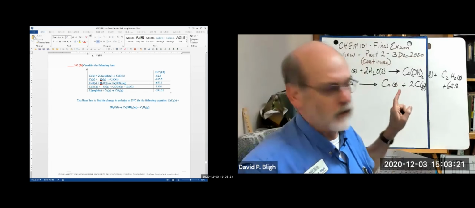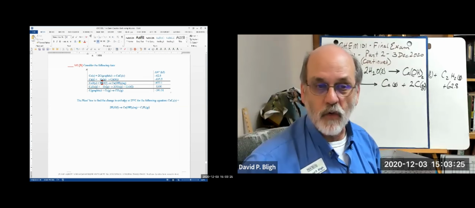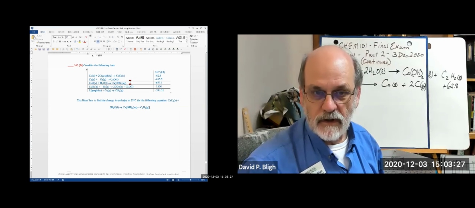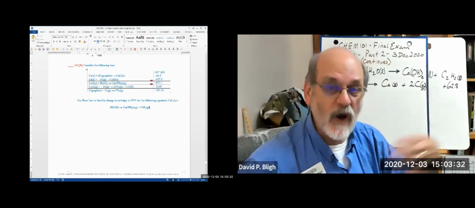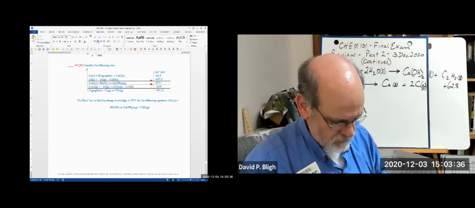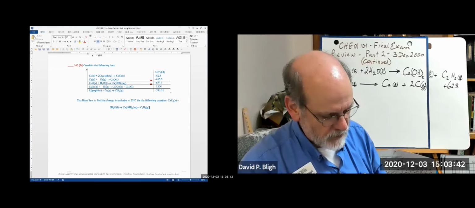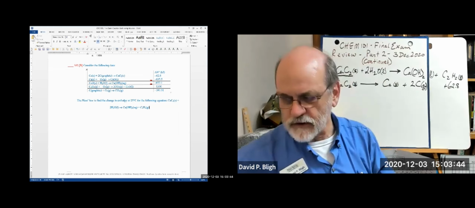We need 2 moles of water. All right? So we've got to double that equation, and the delta H then is the same sign, but it's twice as much. So 653.1 twice that is 1306.2.